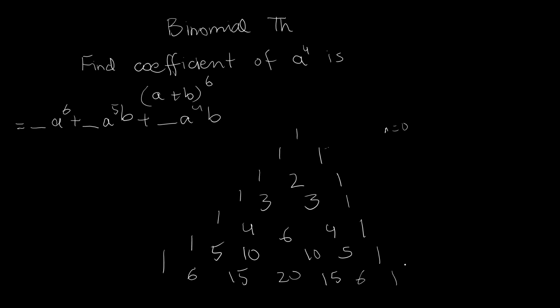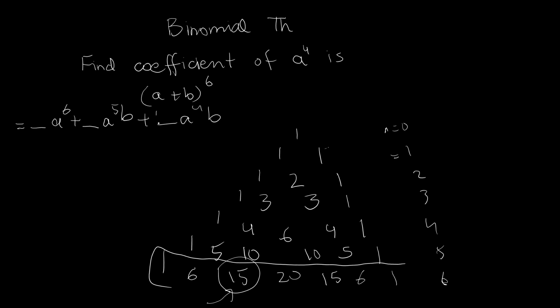So this is the last row that you are interested in, with n equals 0, 1, 2, 3, 4, 5, 6. Since we have a plus b to the power of 6, these would be our coefficients. Since we're interested in the third coefficient, because a to the power of 4 is the third entry here, the answer would be 15.